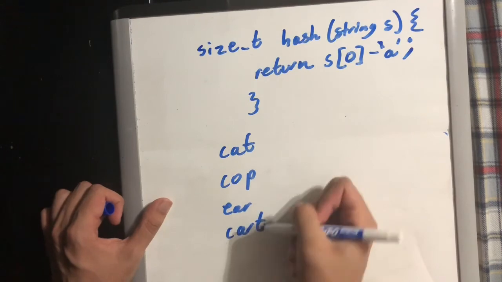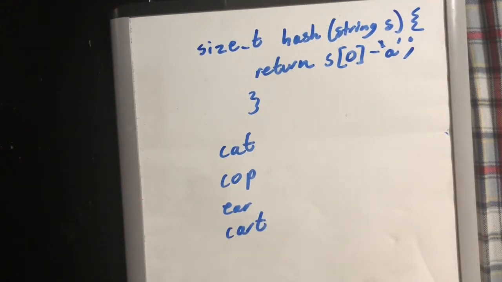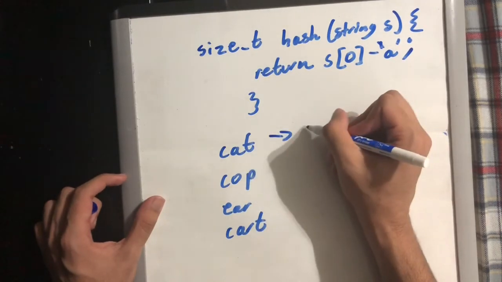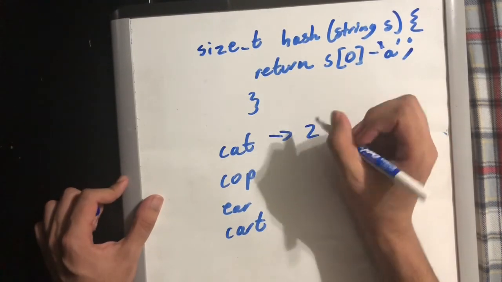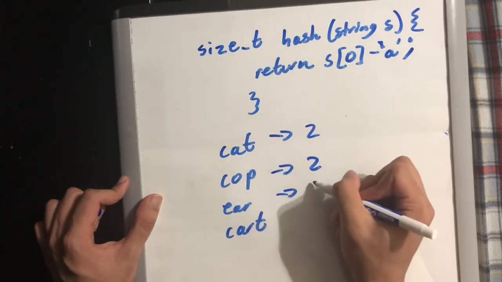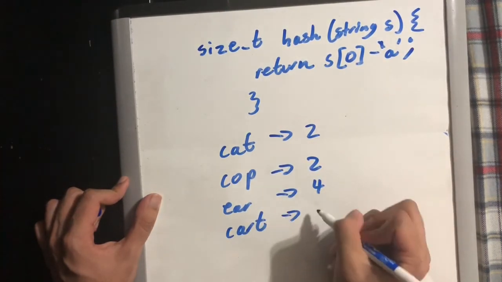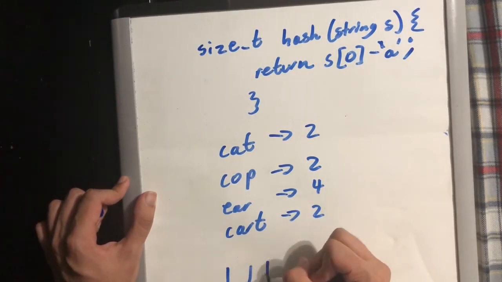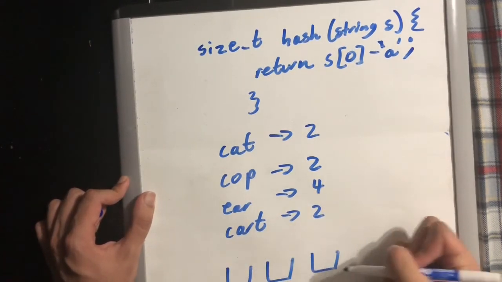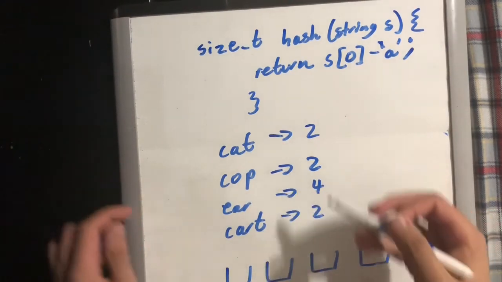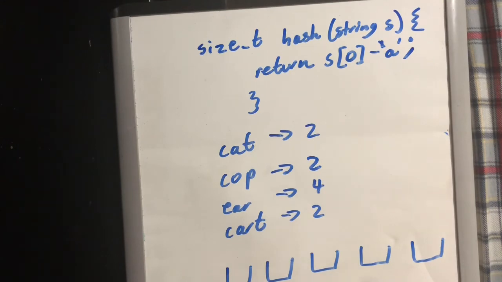Let's map all of these out. Cat maps out to the value 2. Cop will map out to the value 2. Ear will map out to the value 4. And cart will map out to the value 2. Suppose we have 5 buckets, such that we take mod 5 if anything increases over 5.